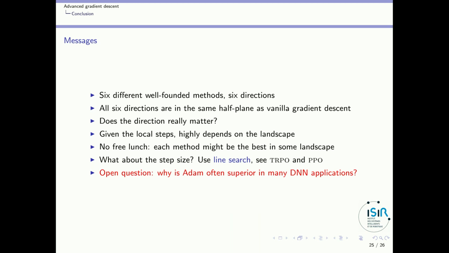And a very interesting question that we are investigating with colleagues, in particular Nicolas Perrin, is trying to understand why Adam is often superior in many deep neural network applications to other adaptive techniques or second-order techniques, and that's not clear at all at the moment why.